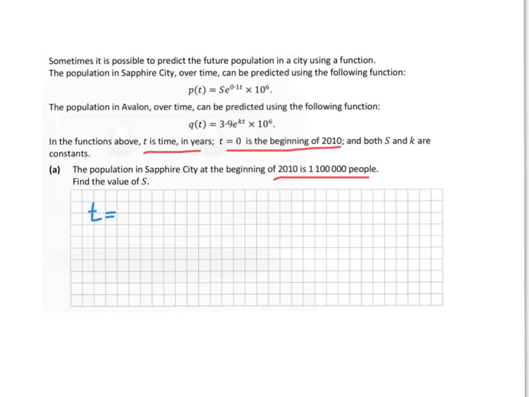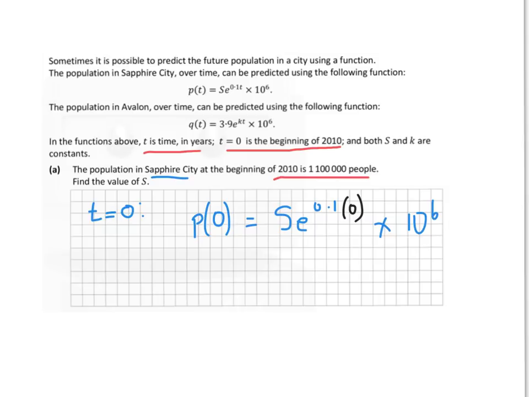I have t equal to 0, and I'm using Sapphire City, so this time it's P of 0 is equal to s e to the power of 0.1 multiplied, instead of t, by 0, and that's multiplied by 10 to the power of 6.